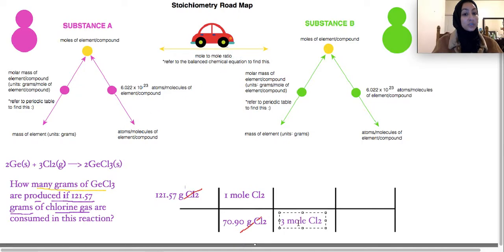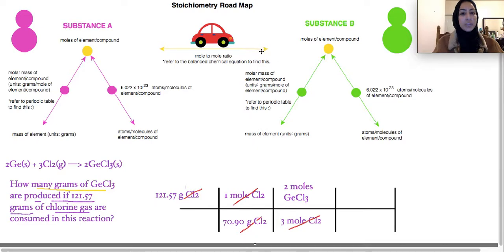So I'm going to write chlorine on the bottom, and I'm going to write the moles of germanium chloride up top. So I'm going to write 2 moles germanium chloride. Again, the beautiful thing about working diagonally is that the units here will cancel with the units here.